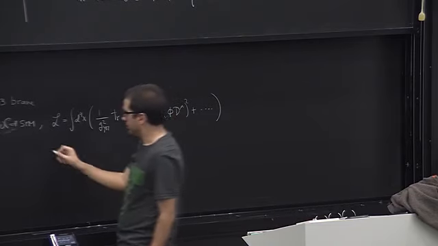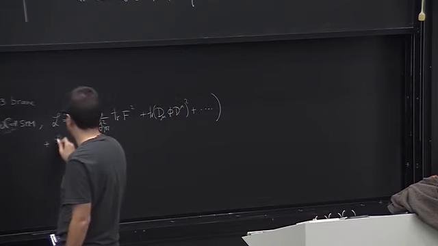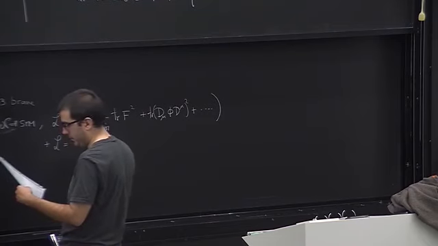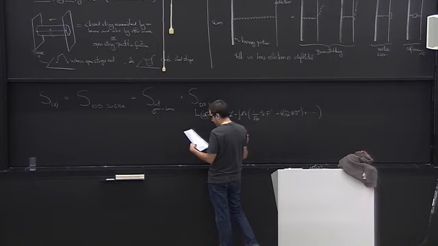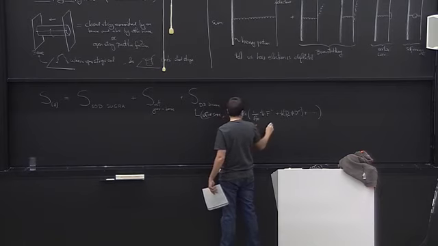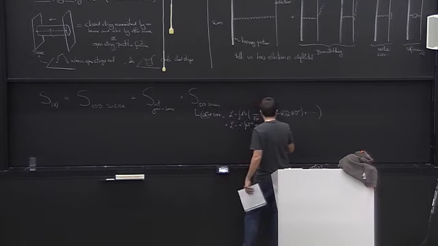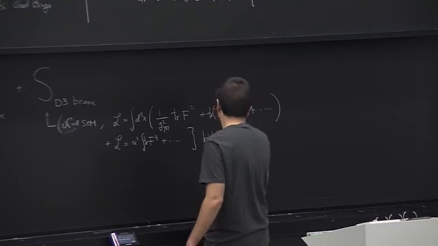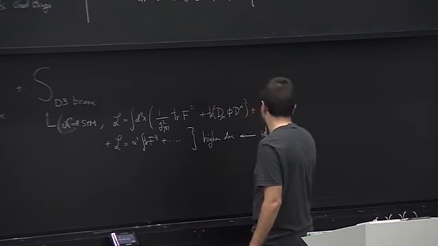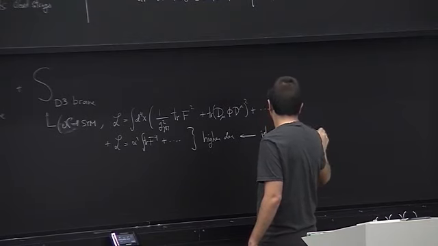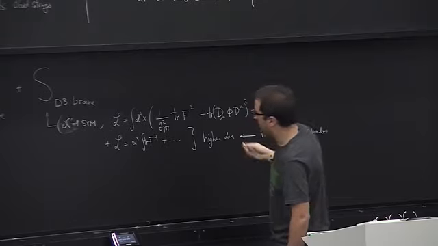Plus higher derivative terms, roughly of the form alpha prime integral of F to the 4, plus more. These are higher derivative terms that come from integrating out the massive modes, so this is the effect of the massive modes.